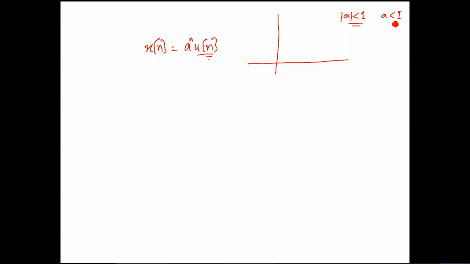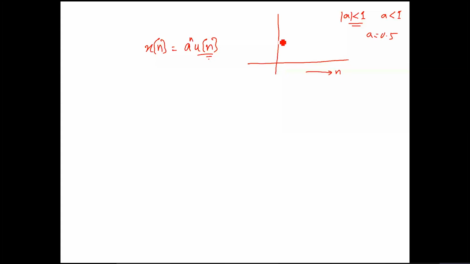This is of point of interest, and this type of signal a to the n u of n where a is less than 1, you will come across a lot in future courses throughout your engineering career. So you should be comfortable with what this signal is. If we take any value of a, let's assume as an example a is 0.5, then this is your n axis.